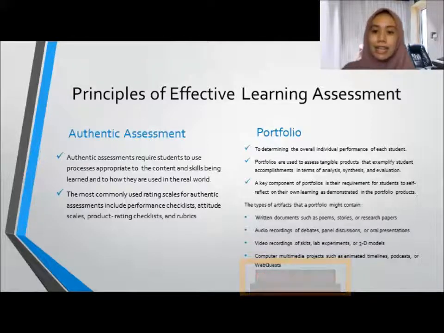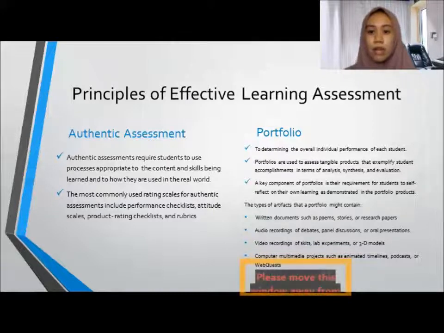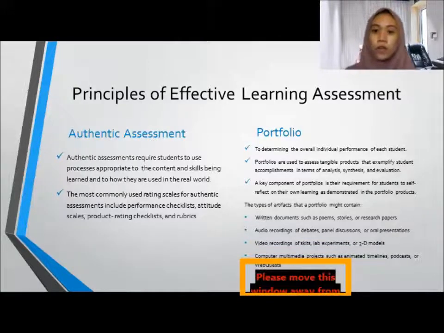And the next type of assessment is the portfolio. It aims to determine the overall individual performance of each student. Portfolios are used to assess tangible products that exemplify student accomplishment in terms of analysis, synthesis, and evaluation.